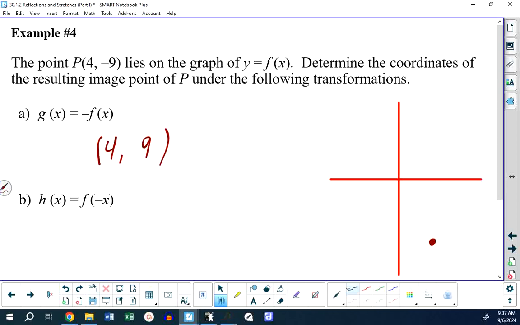Okay. On the other hand, if I take a look at h of x equals f of negative x, well, I should know f of negative x is a horizontal reflection. So, I don't need to look at this. I should be able to just imagine 4 comma negative 9 reflecting horizontally will give me negative 4 comma negative 9.